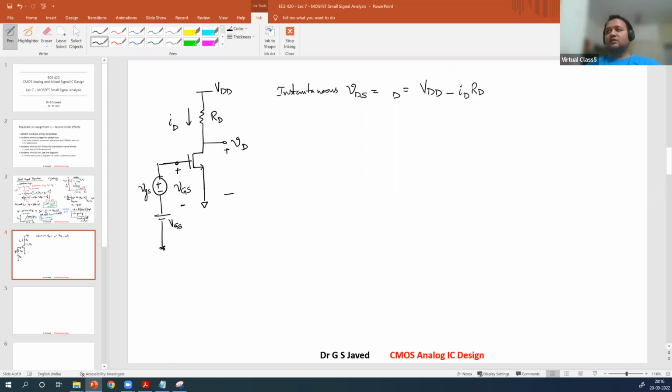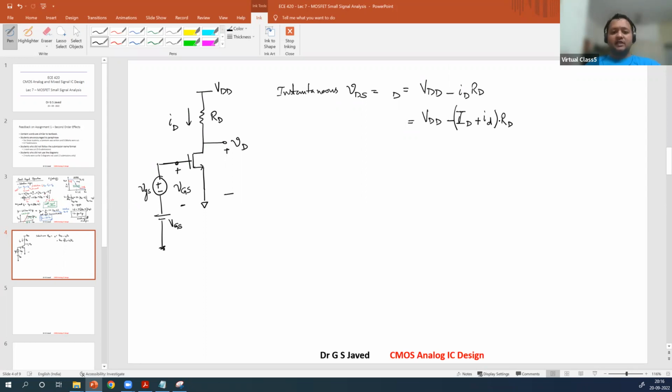Note the notation, small i, capital D. That means there is both an AC and a DC component here. Now, if you expand that, VDD minus, ID is I capital D plus I small d, multiplied by R capital D.